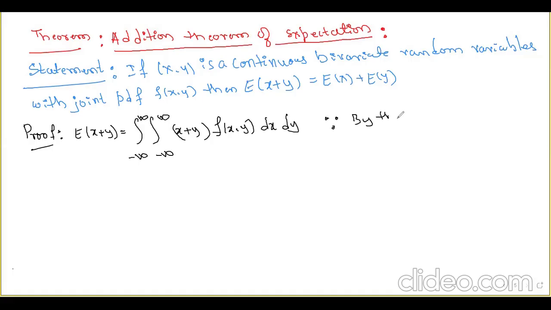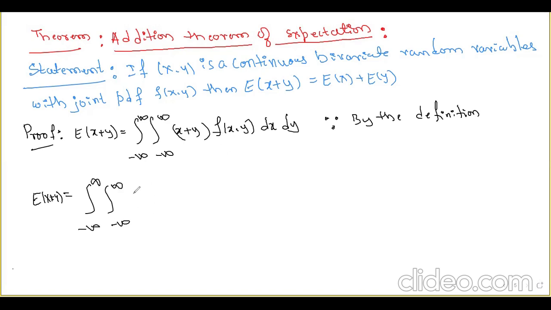Now the expected value of x plus y equals the double integration, minus infinity to infinity, minus infinity to infinity. Here we have x plus y, so we multiply f of xy for the first x, then plus for y.